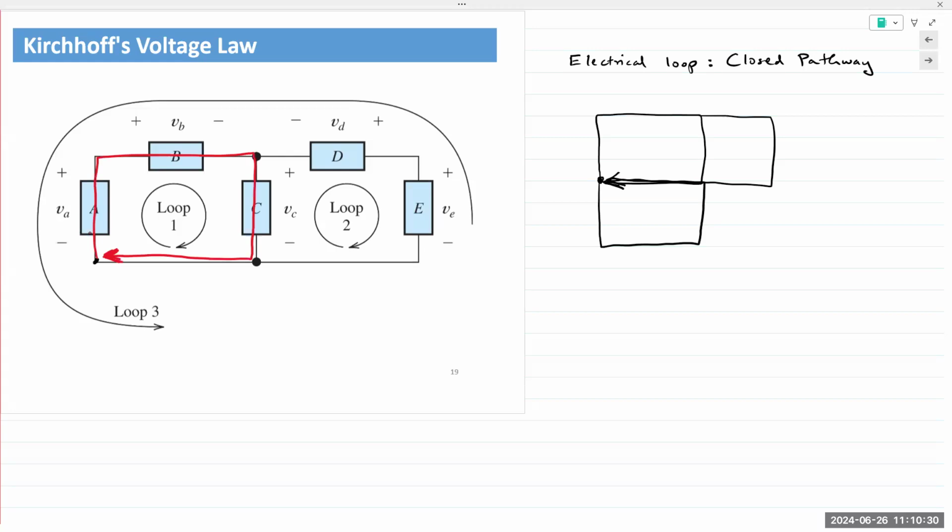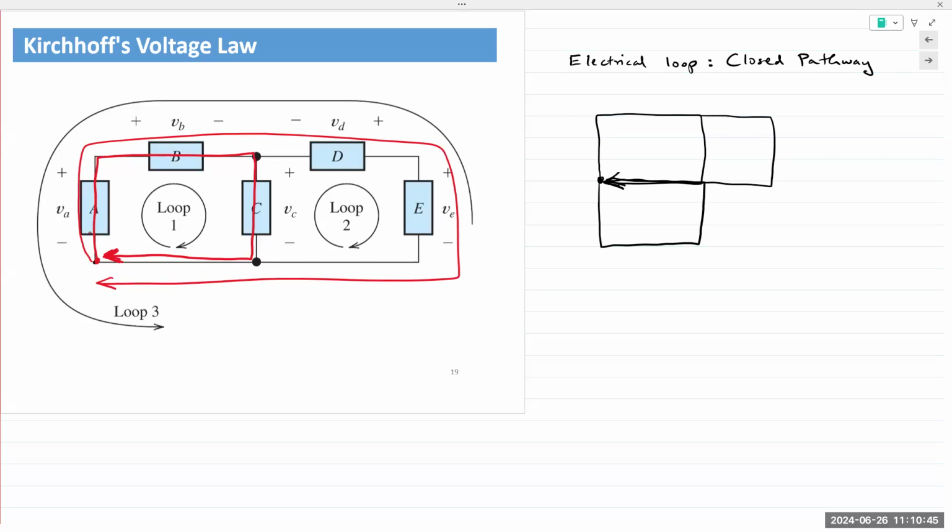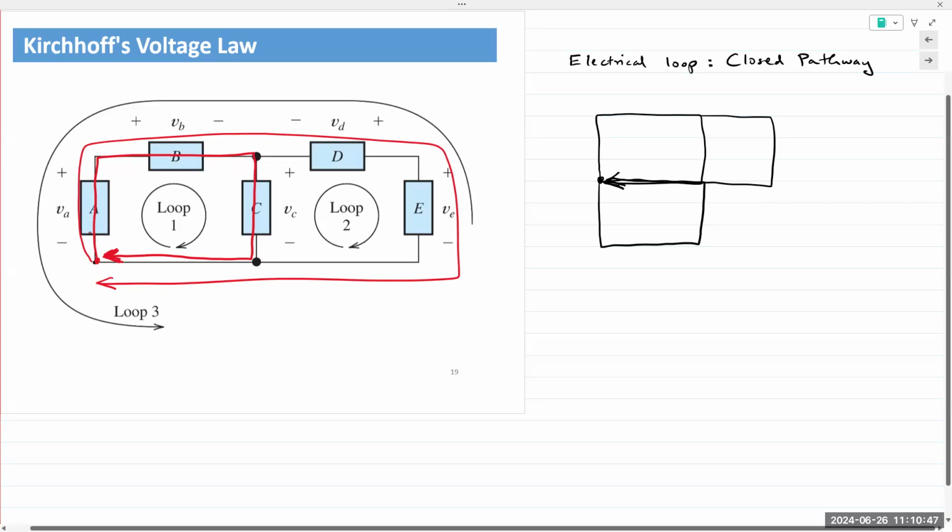And then I can also start at the same corner and go around and come back to that same point. In this example, it is labeled as loop 3. So that takes care of those two loops.